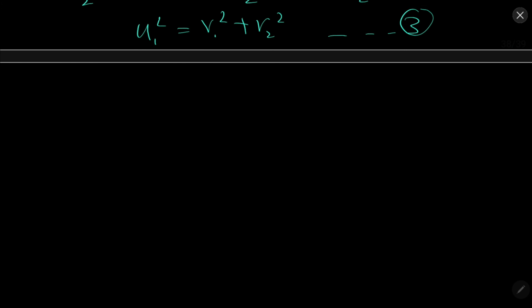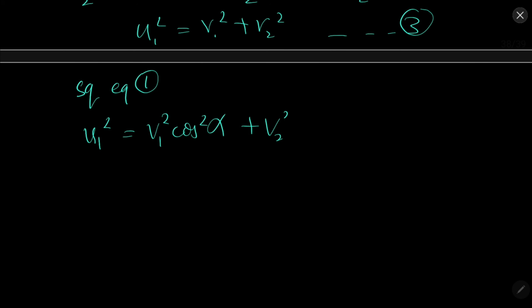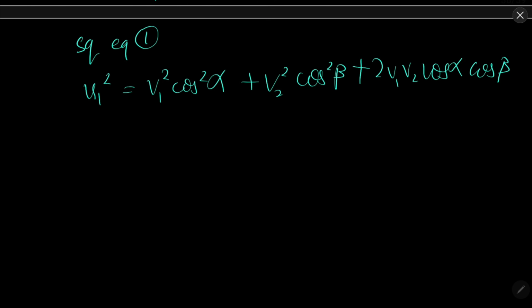After squaring equation 1, you will get u1 square equal to v1 square cos square alpha plus v2 square cos square beta plus 2 v1 v2 cos alpha cos beta. And we know u1 square is v1 square plus v2 square. So putting everything here and simplifying, you will find that sin alpha sin beta equals cos alpha cos beta.